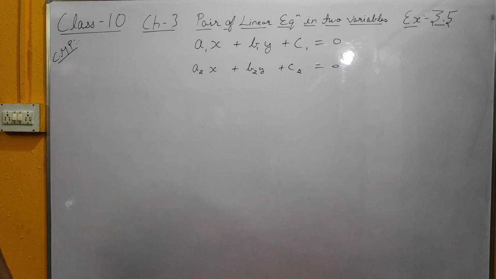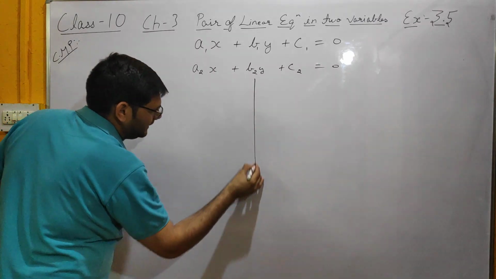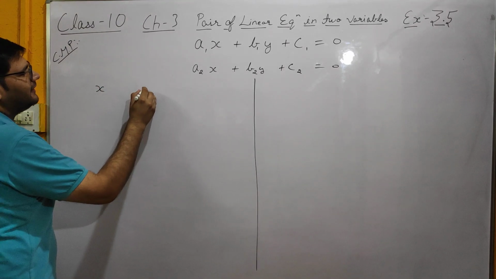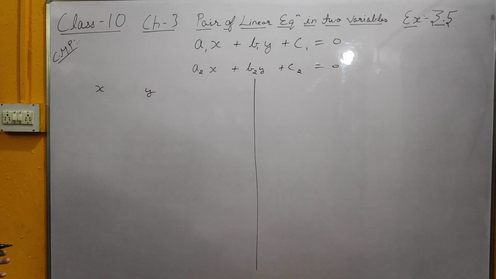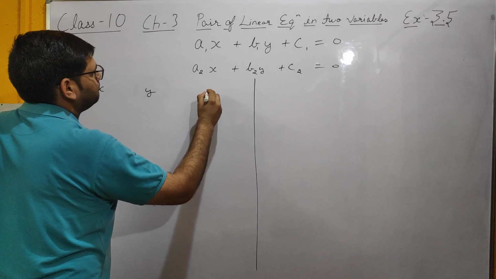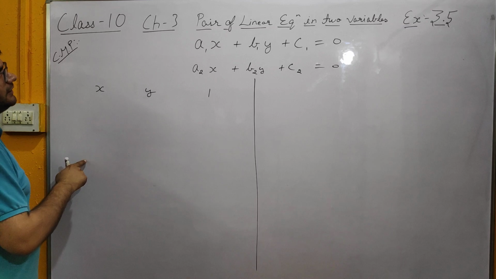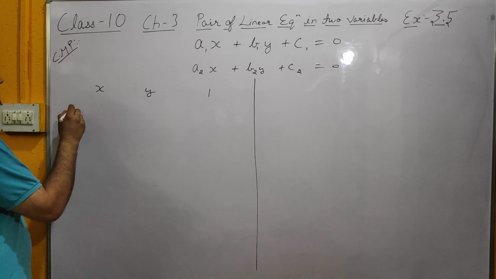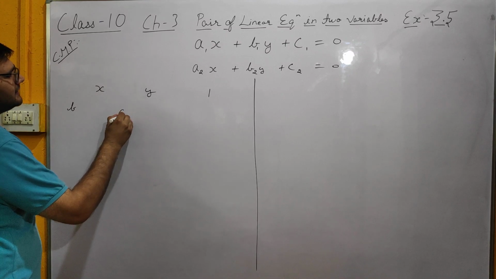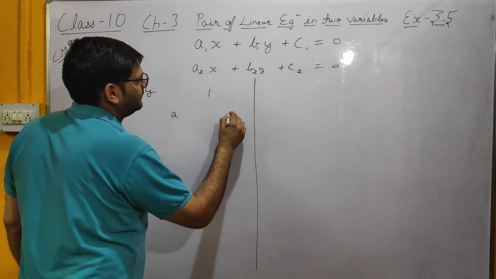So dear students, first of all, we need to find out the value of x and y, isn't it? And x, y, now you write 1. Clear? Now my dear students, write b, then c, then a, then again b.